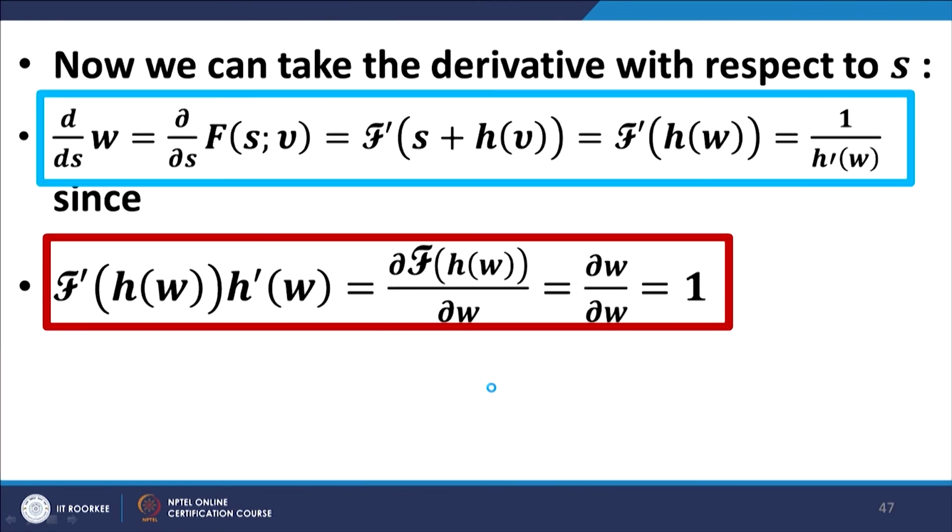So, now we take the derivative with respect to s. We get d by ds of w, which is equal to d by ds of F(s, v), that is equal to F(s + h(v)), that is equal to F dash (script dash s + h(v)), that is equal to F script dash h(w), that is equal to 1 upon h dash w.